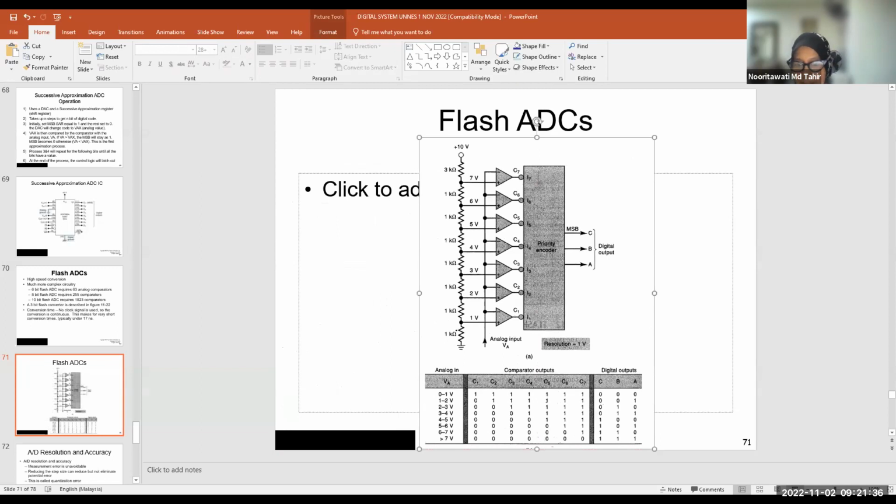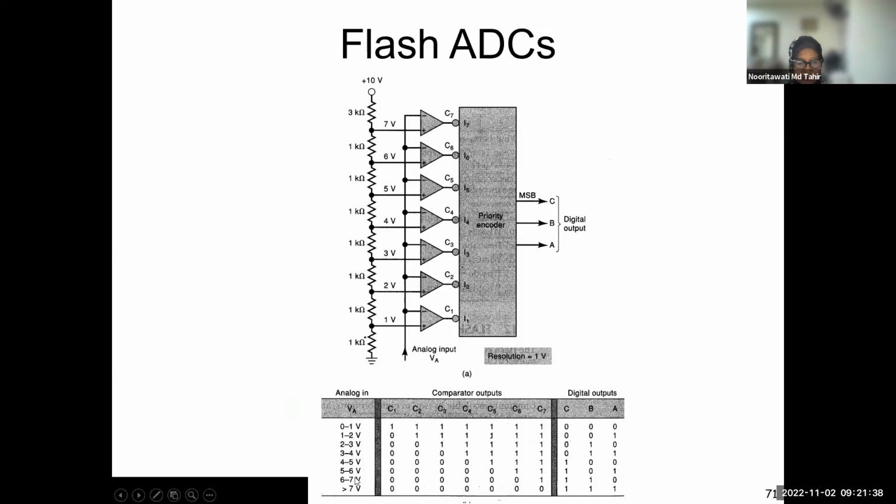Okay, kalau 6.5, it will show us di sini, the second last row. 6.5, it will give us 110. Okay, and this is priority encoder. It doesn't matter what is the value of other inputs, it will focus on the last input which is C6.